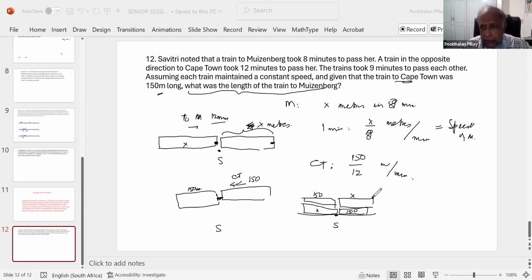So the total distance covered in that 9 minutes is 150 plus x, because you want to know how long it took for them to reach this situation here. This traveled x this way, this traveled 150, so altogether it's 150 plus x. That's the distance, and divided by the time, and that is 9 minutes.